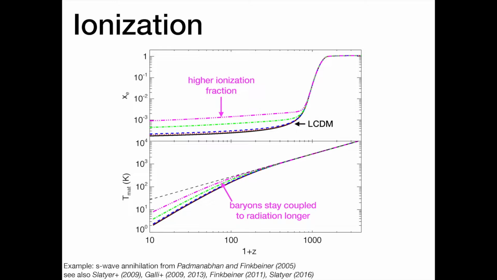You end up having a larger residual ionization fraction than you would have normally had just under lambda CDM. Okay, so you get a higher ionization fraction, or in terms of the baryon temperature, the baryons are allowed to stay coupled to the radiation longer because there are just more target scatterers to keep the baryons thermalized with radiation.